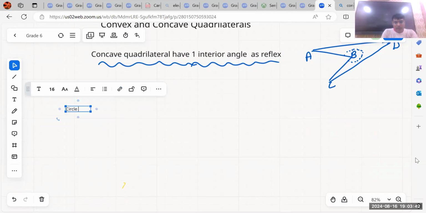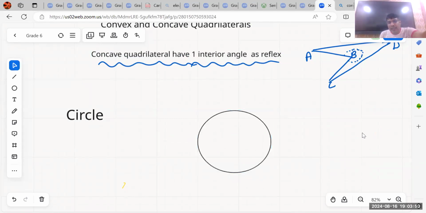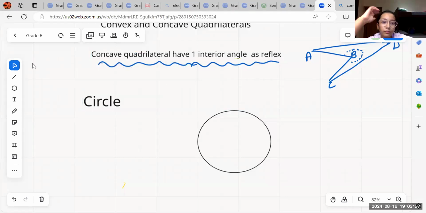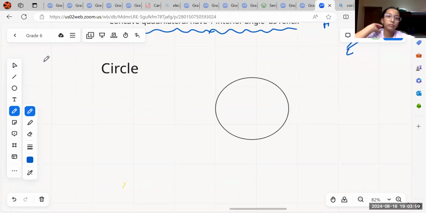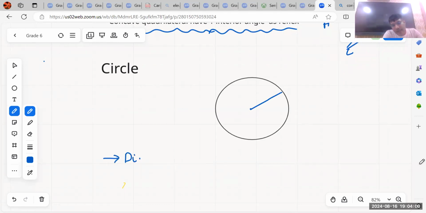Now the last concept is circle. So we all know that a circle has a radius, it has a diameter. Diameter is twice the radius. We all know that.